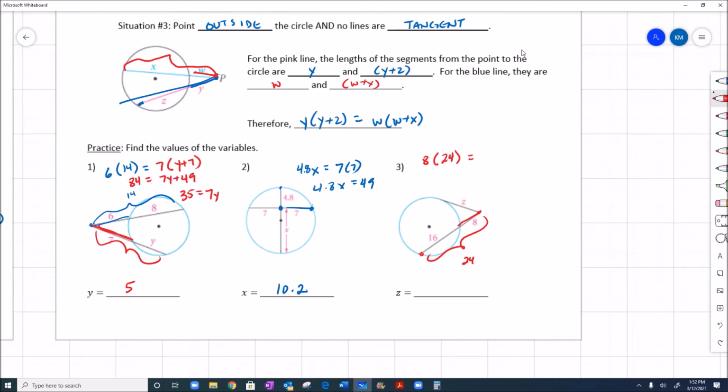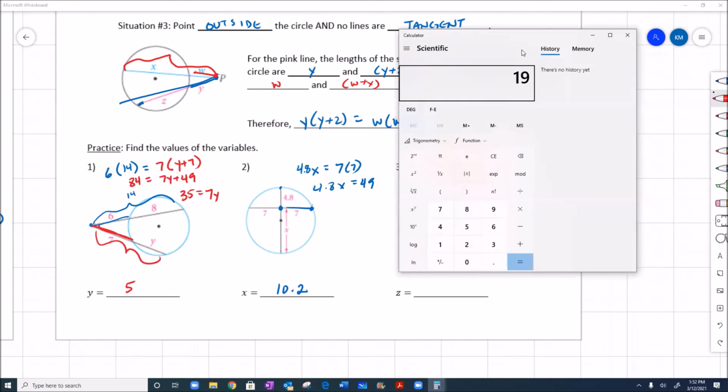And then the other one we have this z, and z again, so z squared. So as we multiply that, that gives us 192 equals z squared. Take the square root, and the square root of 192 gives us 13.9.